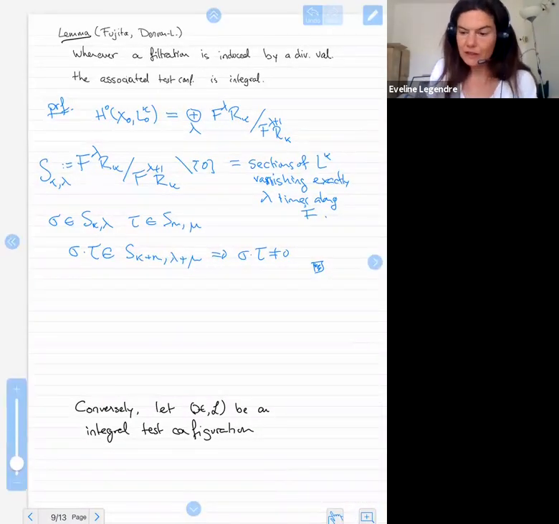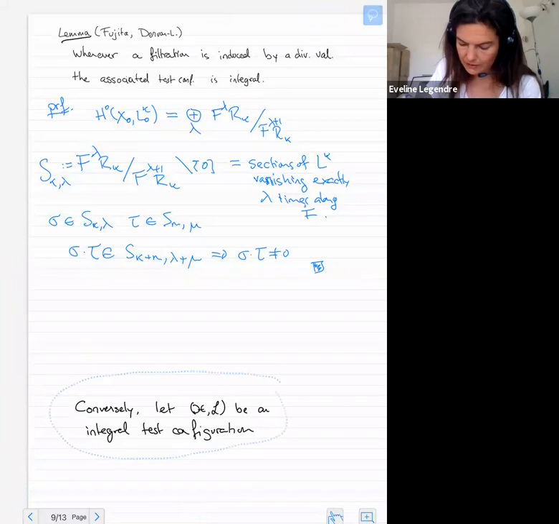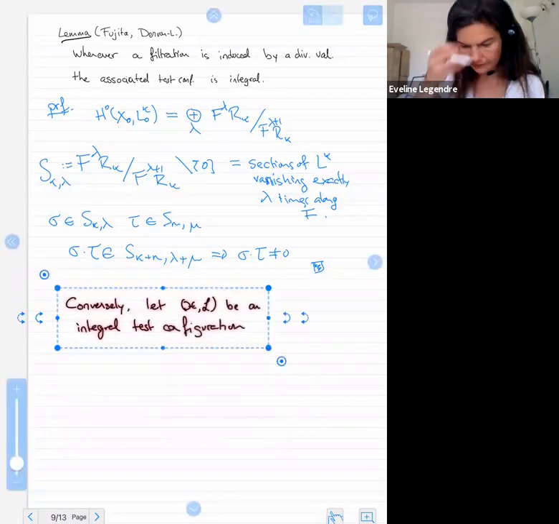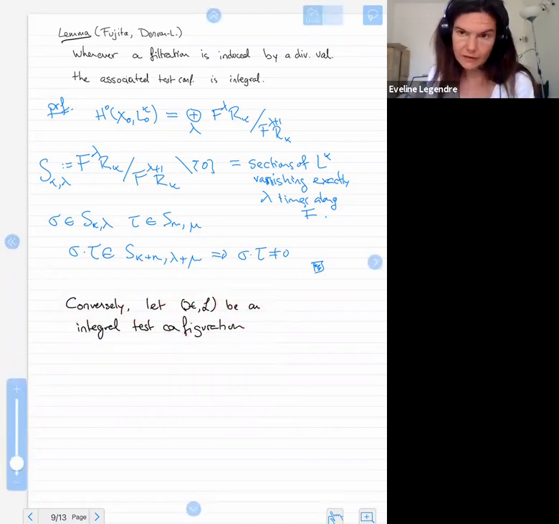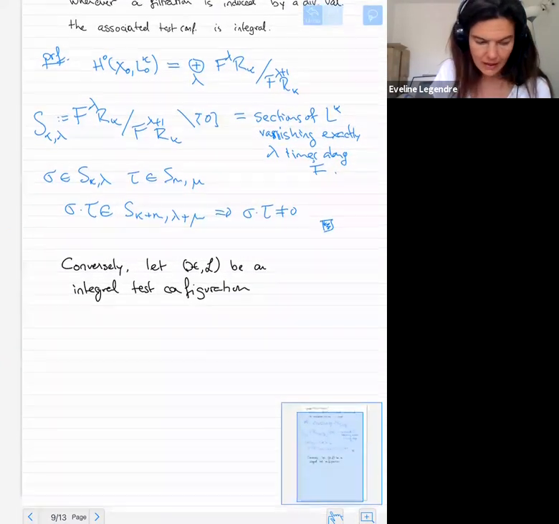And so the converse is not so easy, but still it can be done in detail, I think. If you have an integral test configuration, now we want to find some divisorial valuation somewhere.